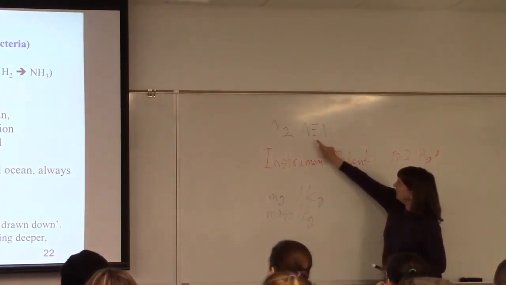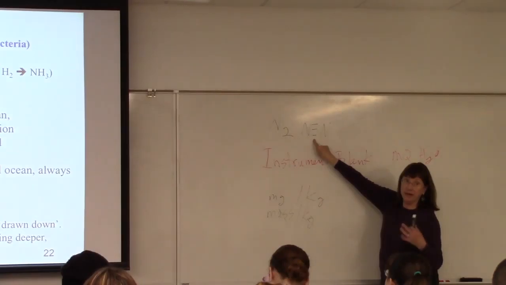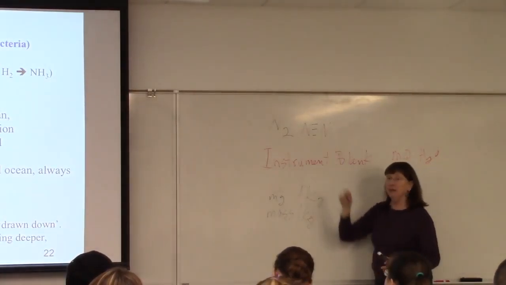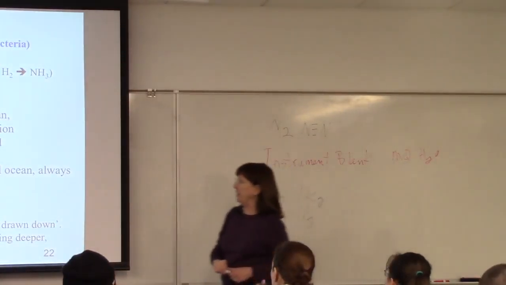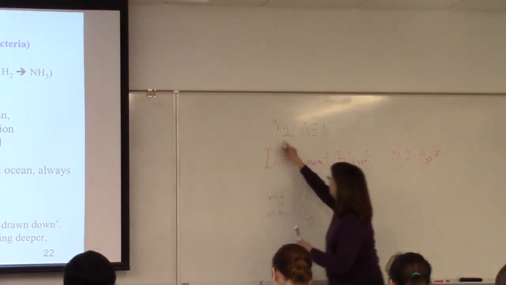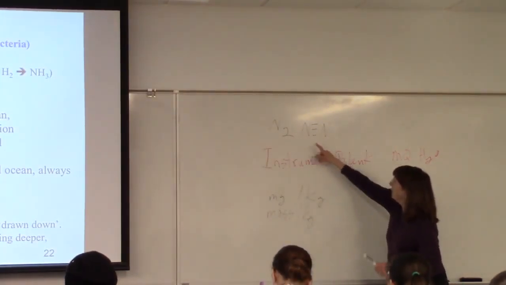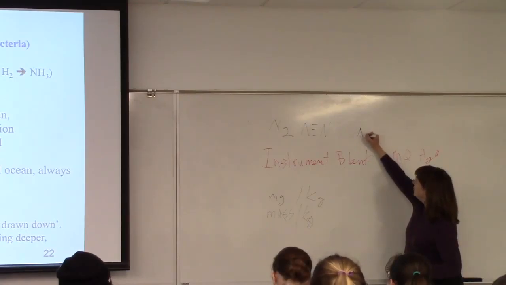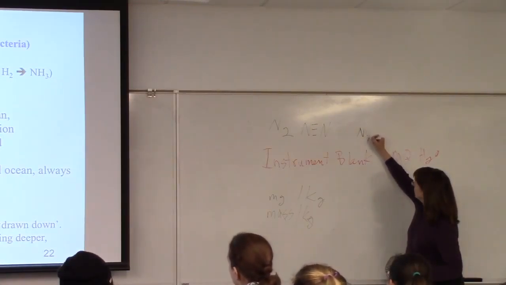But lightning can break that bond, high energy lightning, and cyanobacteria are capable of converting nitrogen. They can break this bond. It takes a lot of energy to make ammonium.